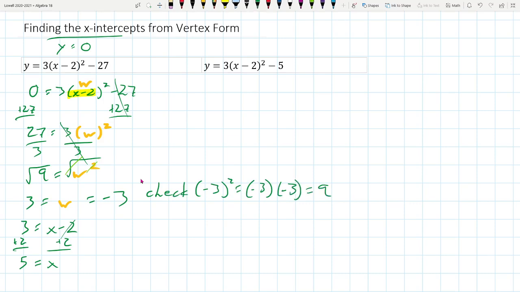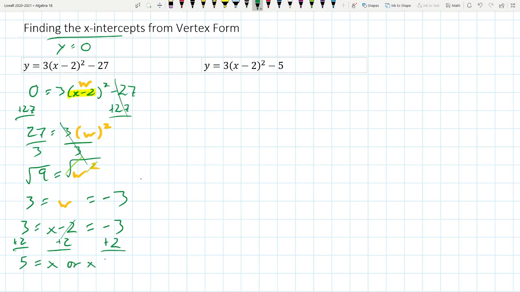So negative 3 is a solution for w. When I solve, x minus 2 equals negative 3, and if I add 2, one solution is x equals 5 and the other solution is x equals negative 1. That is our second x-intercept.